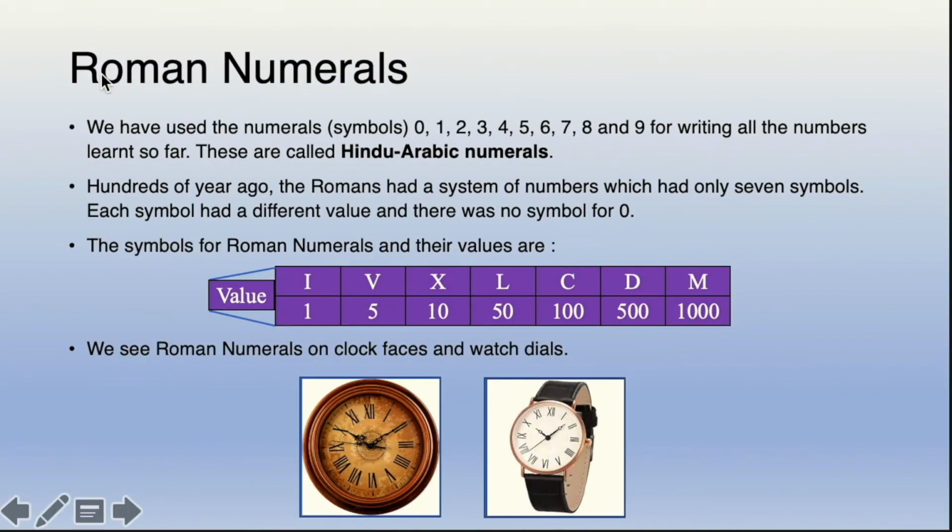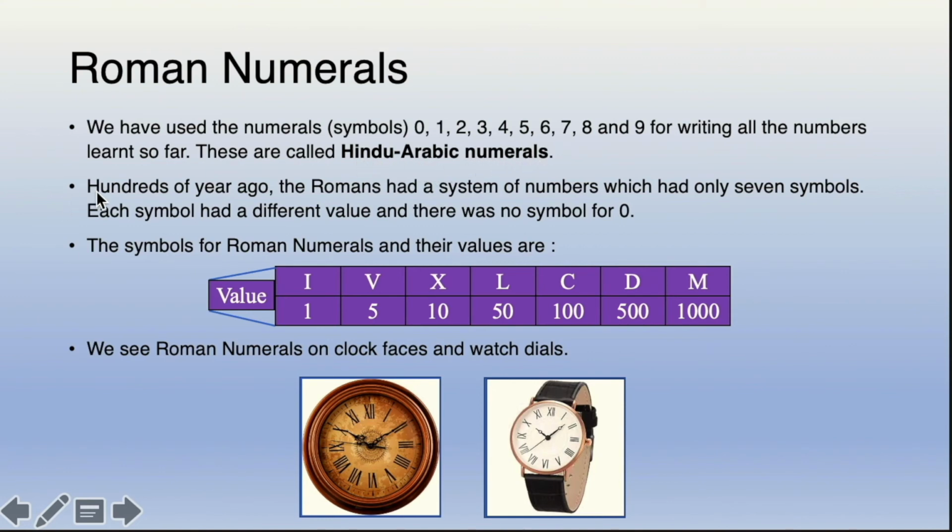Now Roman numerals. So we have used the symbols, the single digit numerals 0 to 9, or the digits 0 to 9, for writing all the numbers learned so far, and these are called Hindu-Arabic numerals.